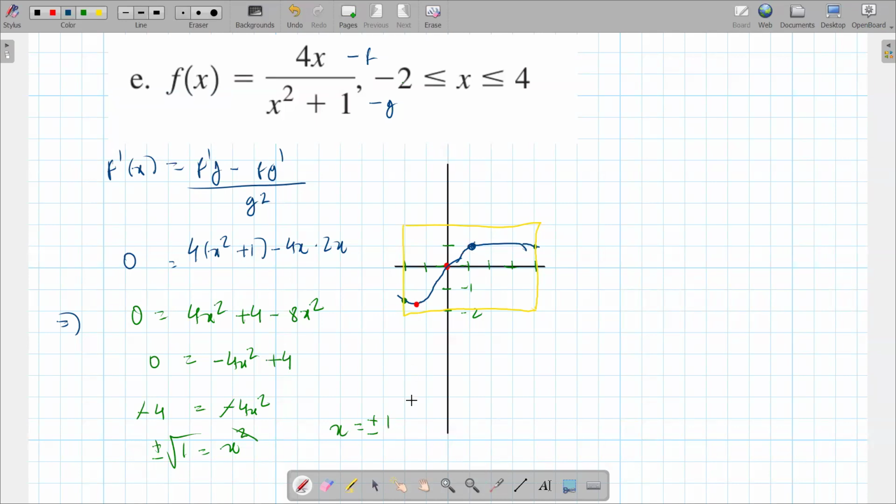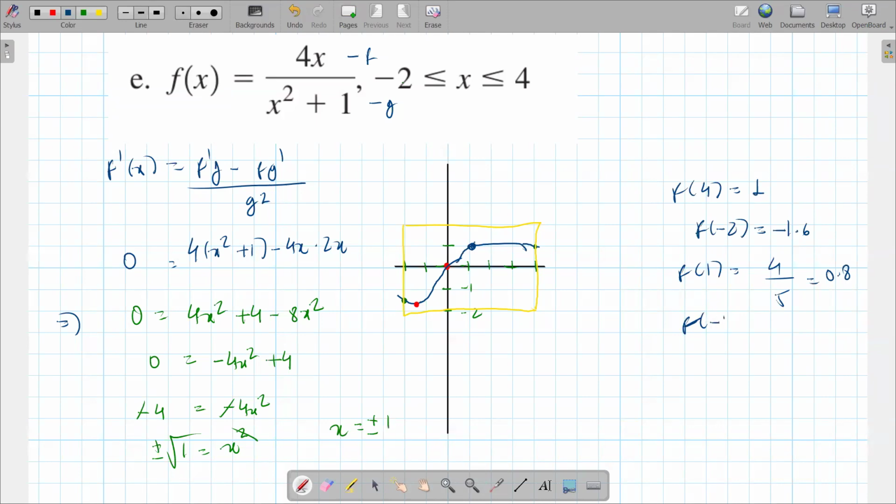Now for the final step, this is what we're going to do. Did I find f of 2 before? I think I did. f of 4 was close to 1. f of -2 was, I think, -1.6. Now we're going to find f of +1, which will be 4 over 5, that's 0.8.